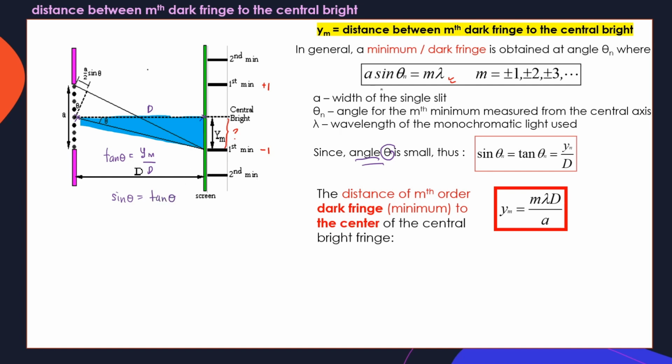Therefore, from this equation, we have sine theta is equal to m lambda over a.